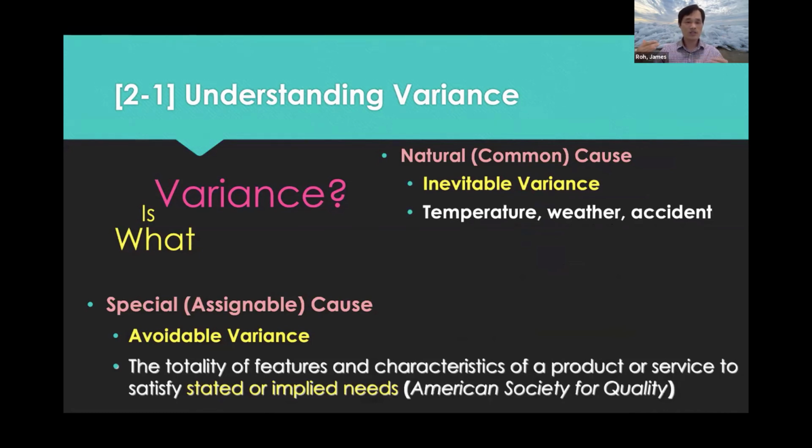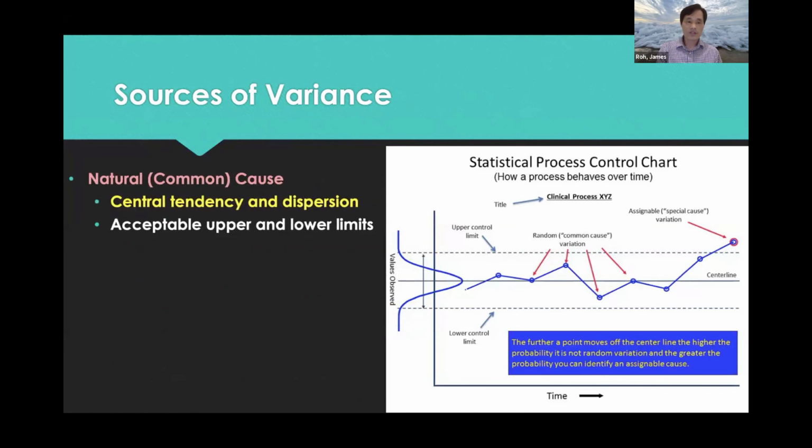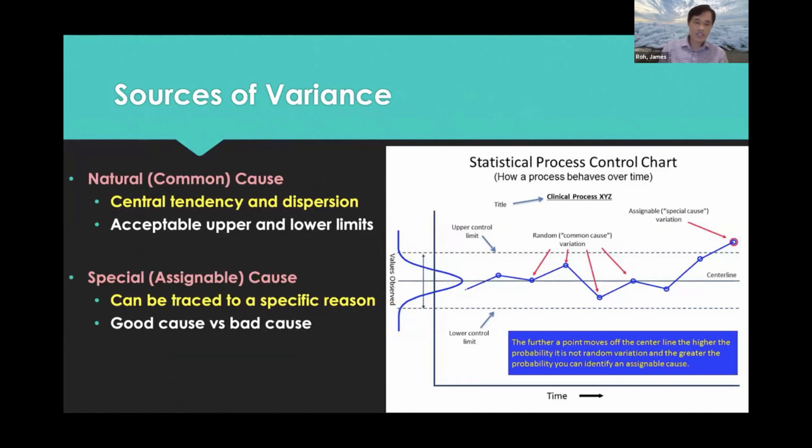So what is this variance about? Is it a natural cause or a special cause? Depending on the circumstance and investigation, we want to identify that, separate that, and if at all possible, address the issue from the bottom. Sources of variance, again, are natural causes and special causes.